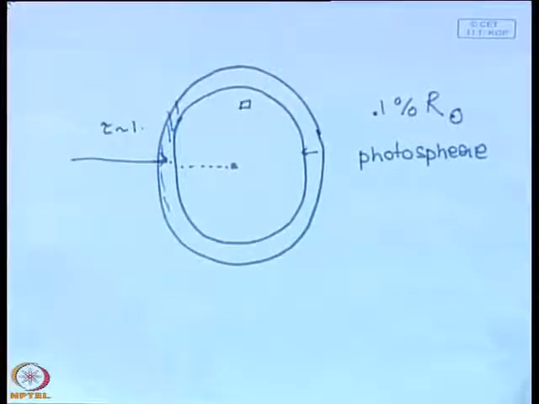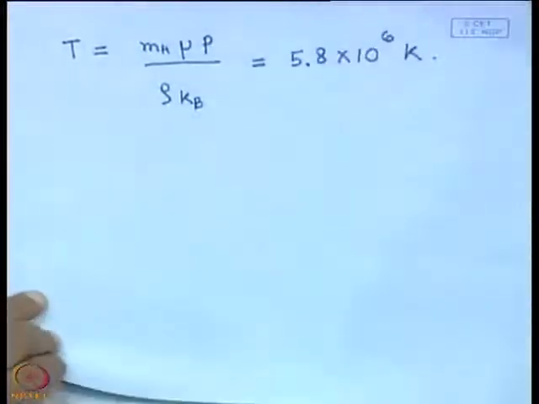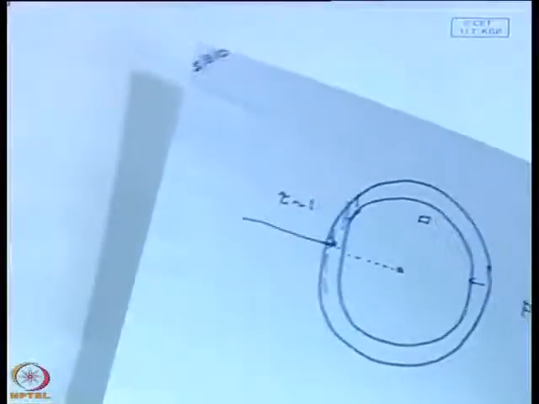Roughly, let us try to get a rough picture of how the radiation comes from the center of the sun to the outside. Okay. So, that is the next question that we are going to look at.